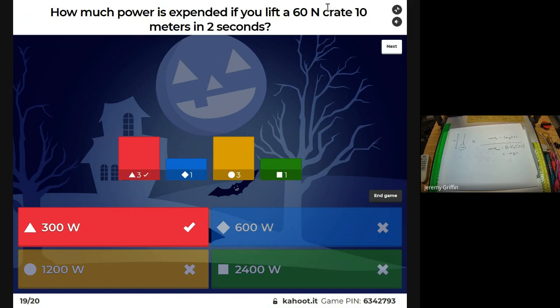No, why 300 watts? Well, let's go through this. So you guys know power is work divided by time. Well, how much work was actually done on this crate? 600 joules, right? There were 600 joules of work done lifting the crate. Okay. And then since power is work divided by time, take 600 joules, divide by 2 seconds, right? You can see it's going to give you 300 watts. Okay. So force times distance divided by time.